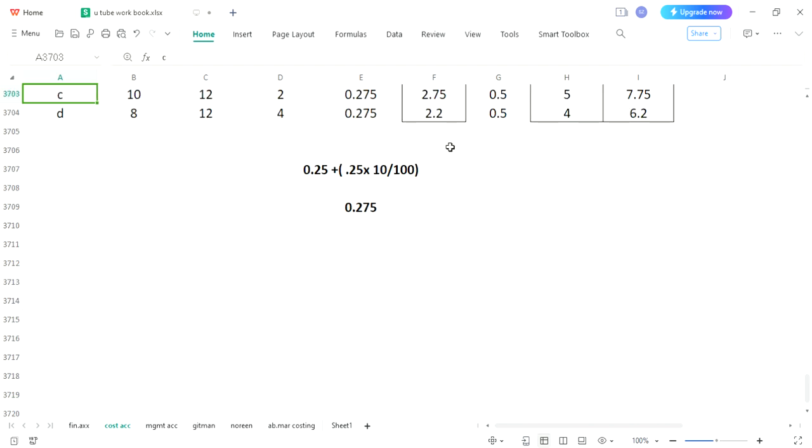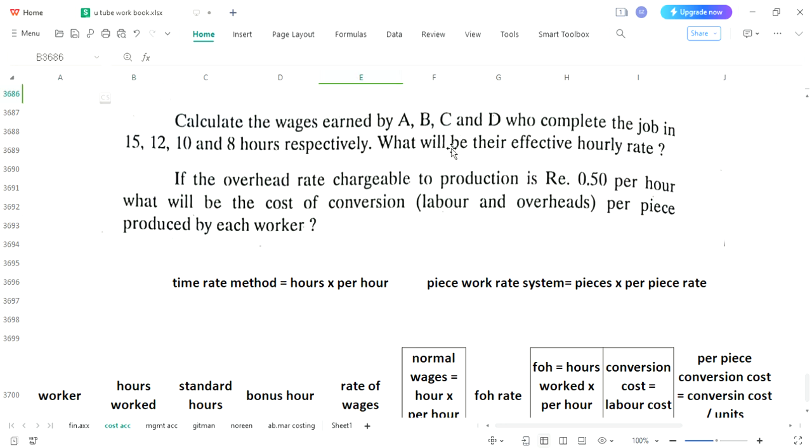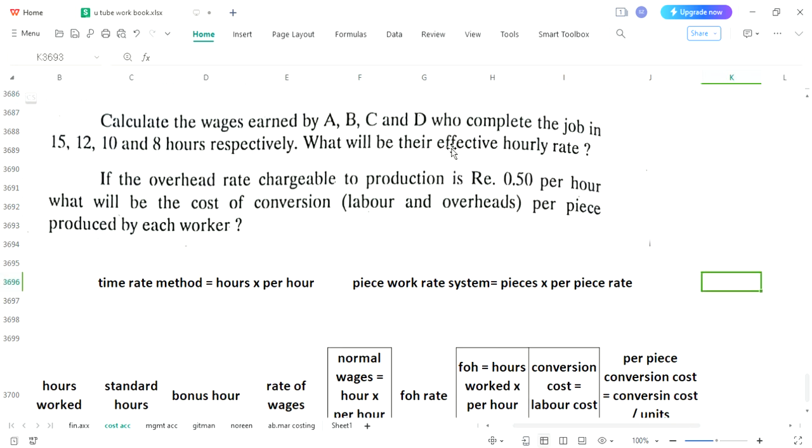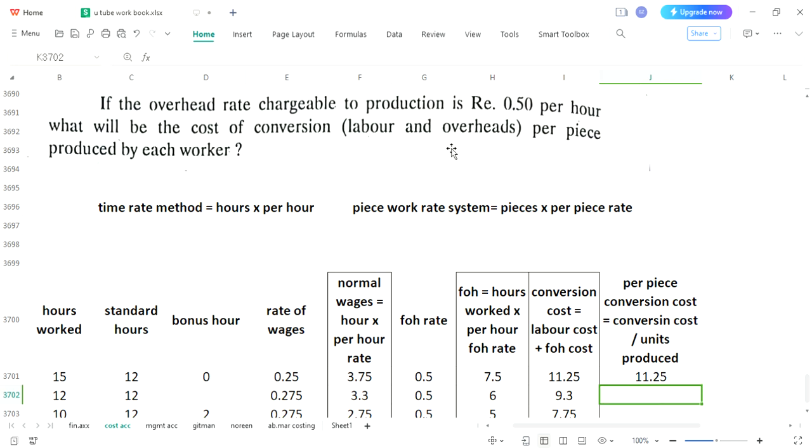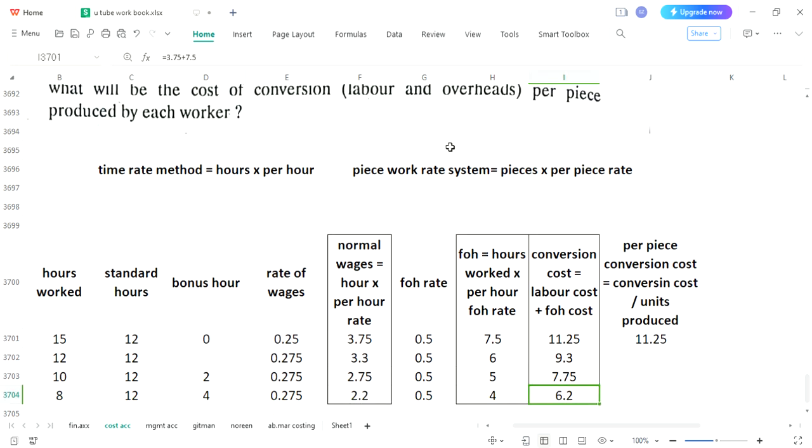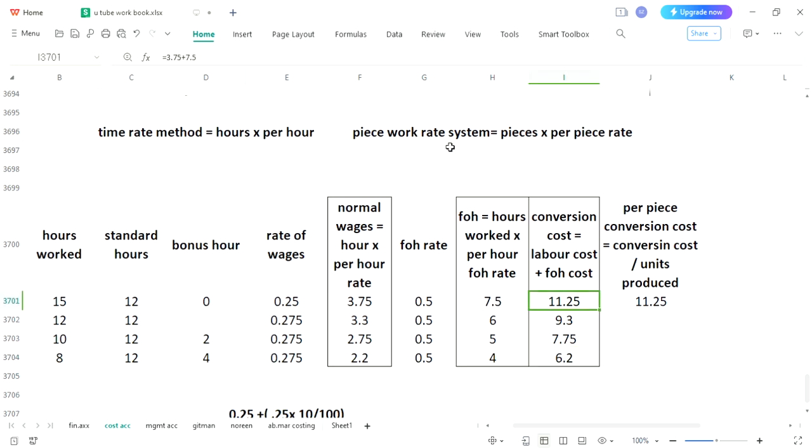So it means when you want to calculate your per piece conversion cost, it would be similar to this. This is your conversion cost and everybody had produced only one unit. So it would be divided by 1 because units produced are 1. Same cost would be written over here. So for second, what we'll do, total conversion cost 9.3 divided by units produced 1.